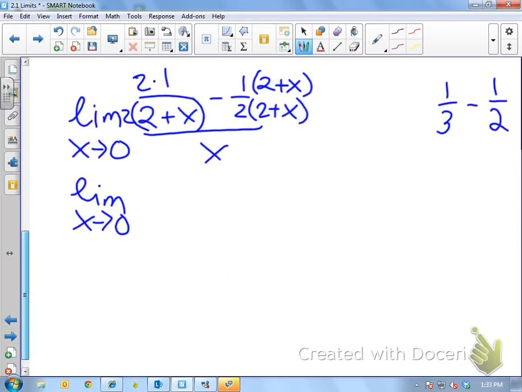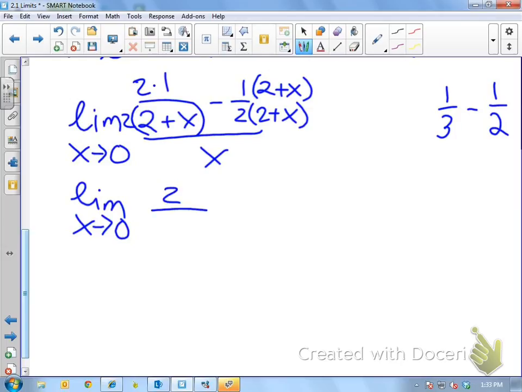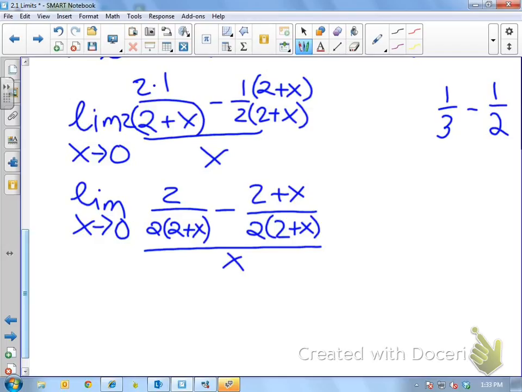So if we multiply this out, we get 2 over, and I'm going to leave it as 2 times 2 plus x for now, minus 2 plus x over 2 times 2 plus x, all over x.